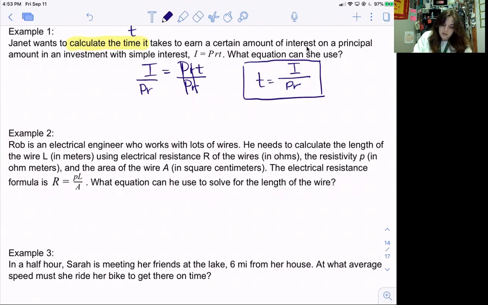So again, we want to start off figuring out what is he solving for. And here he's solving for length that we know to be L. All right. So we want to get L by itself. I'm going to start with rewriting it. So if we want to get L by itself, we want to start off with getting rid of our denominator. So we're going to multiply by A on both sides.